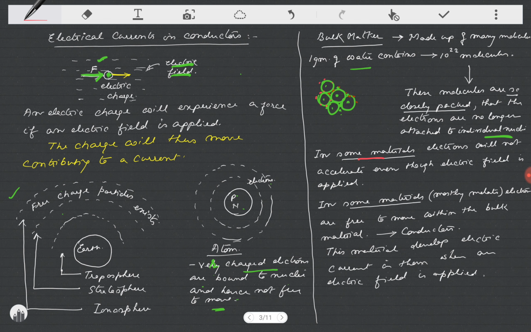Now in some materials, mostly metals, electrons are free to move within the bulk material. This is called a conductor. This material develops electric current in it when an electric field is applied.